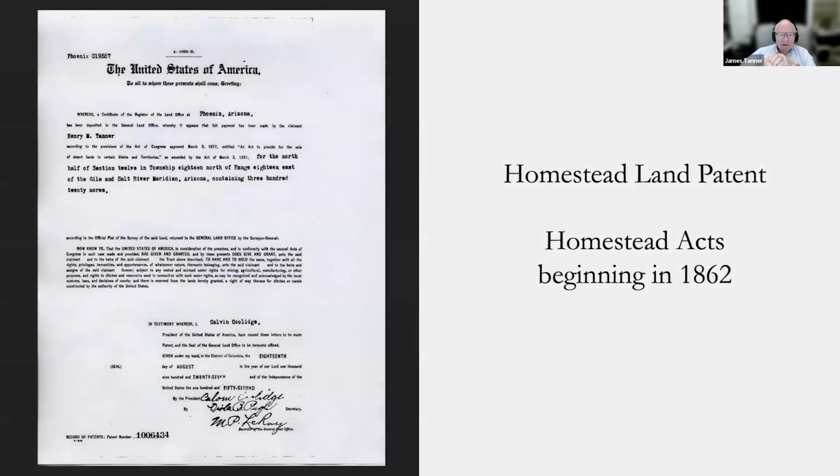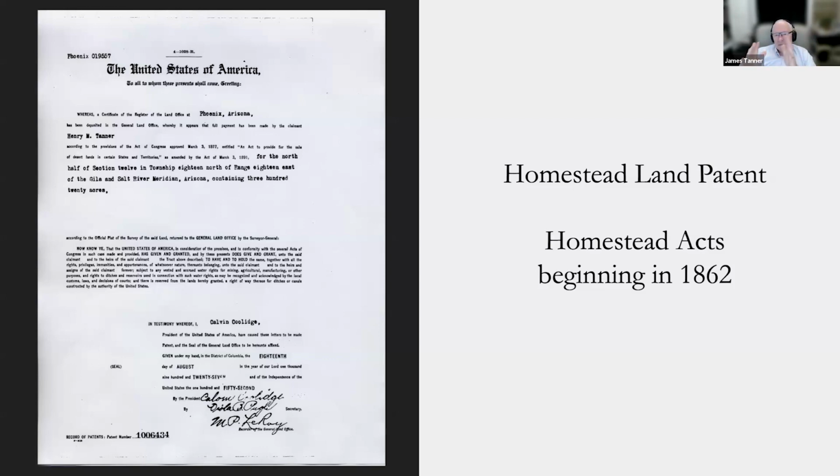But then there were different rules and regulations about how they went about obtaining what was called the patent to the land, which is the proof that the person had complied with the requirements of ownership and was given free title, title that was free of any encumbrances, from the government.